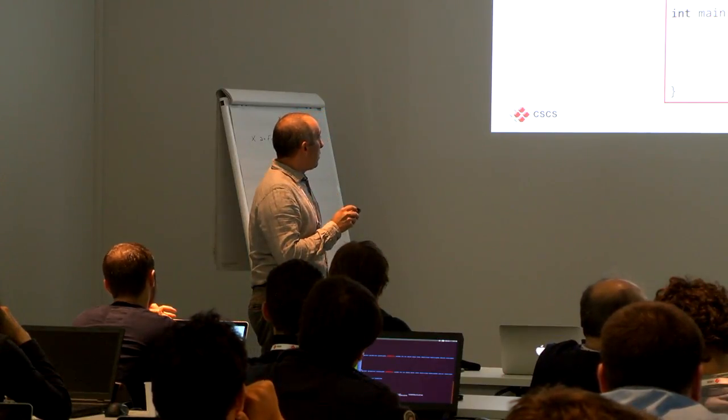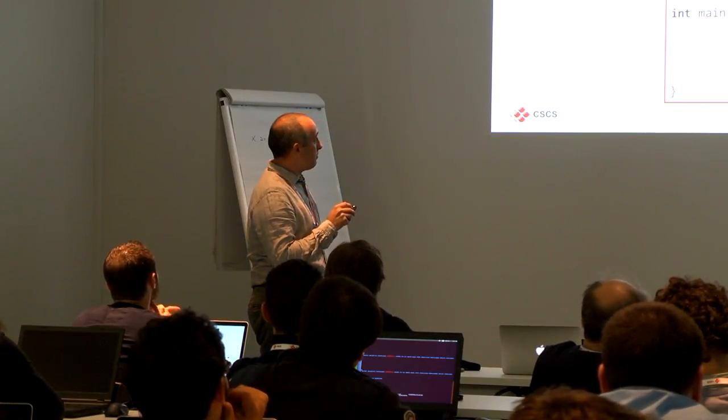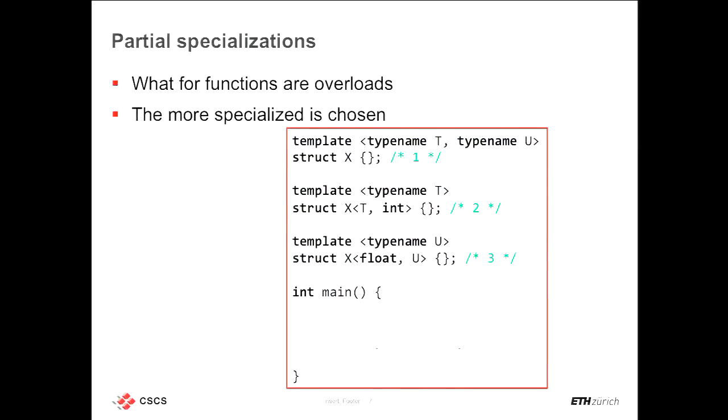So suppose we have our struct X, which has two template arguments, T and U, and we say, well, struct X can be specialized for the case in which the second argument is an integer, or for the case in which the first argument is a float.